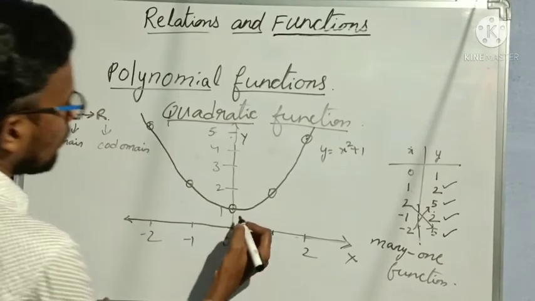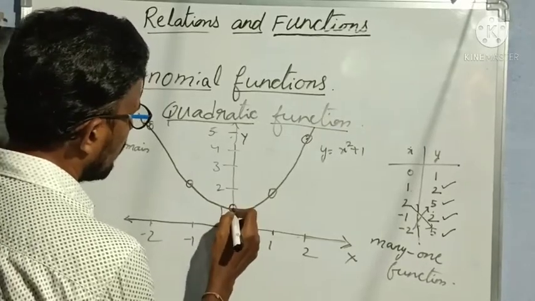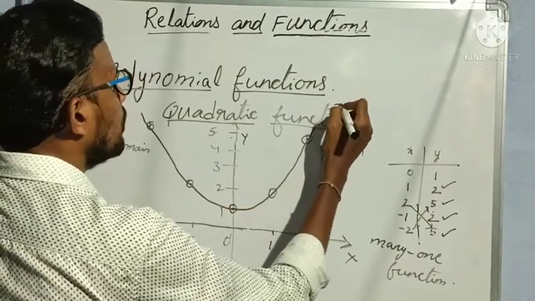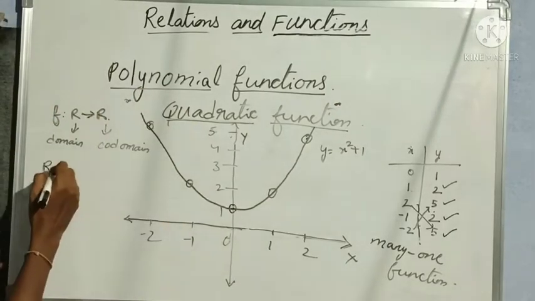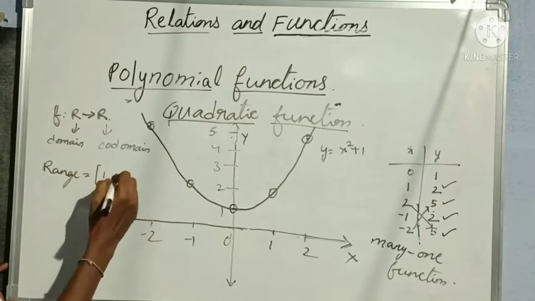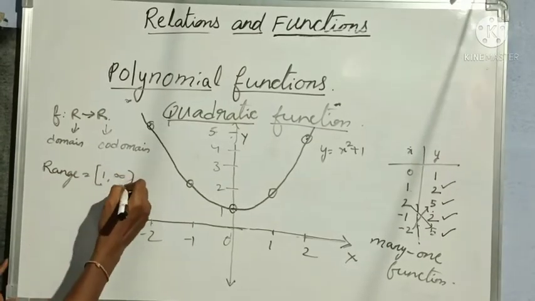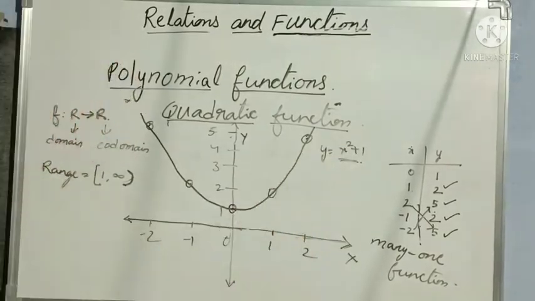See here, wherever you take, the range starts from 1 and goes up to infinity, even here and also here. So range is equal to closed interval 1 comma open interval infinity. Yes, this is the range of our function y is equal to x square plus 1.